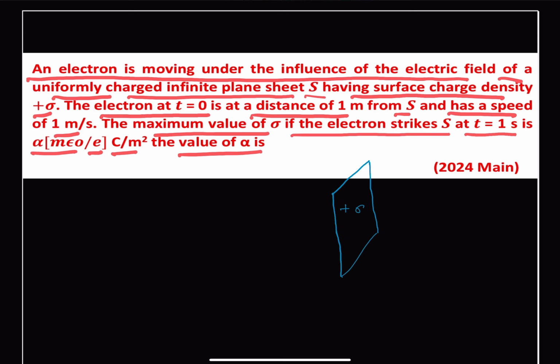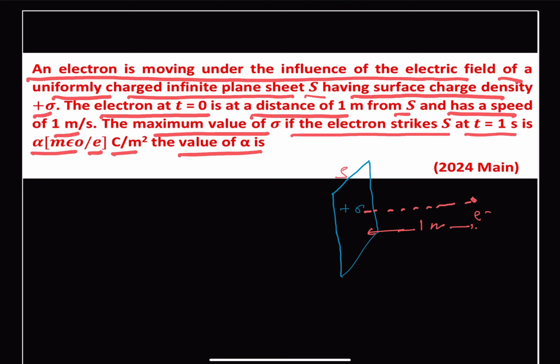Suppose the electron is somewhere here, and this distance is 1 meter. It says that the electron strikes the sheet S in 1 second. It means the time taken by the electron to travel this 1 meter is 1 second.